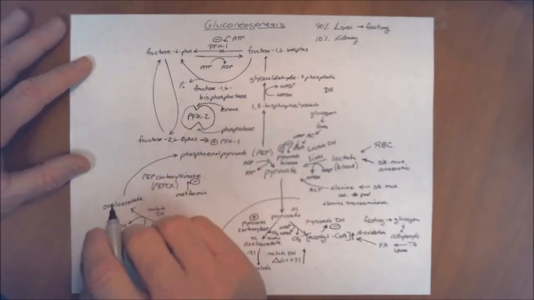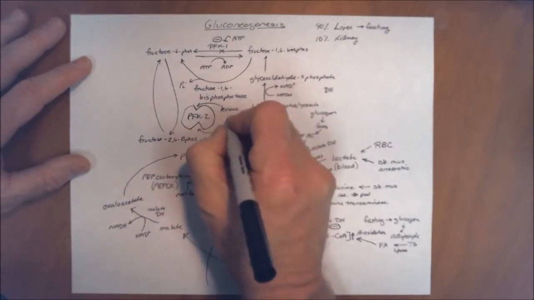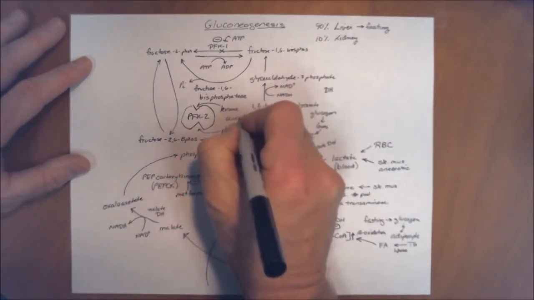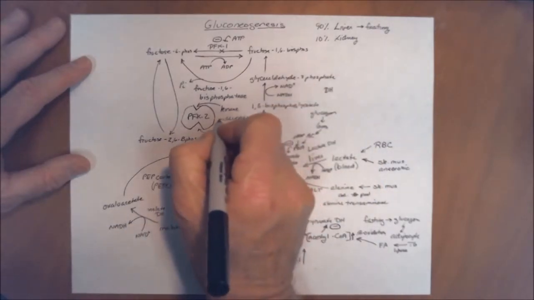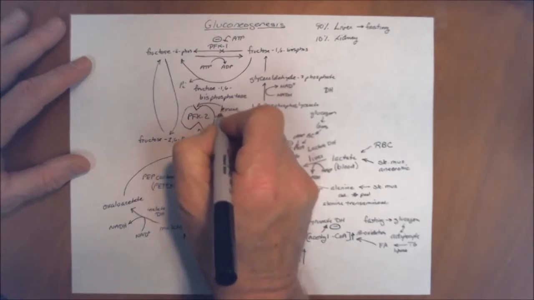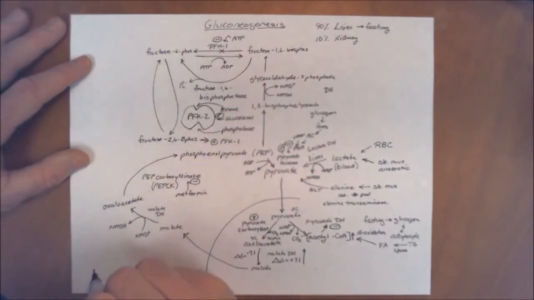Now, how is this regulated? This again is regulated by glucagon. Glucagon will induce a phosphorylation event on PFK2.